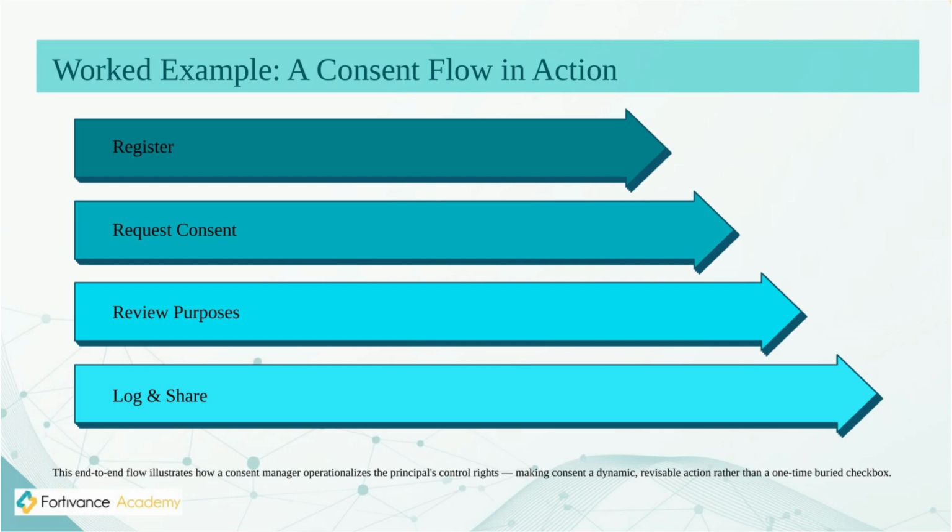Meet Priya. She's signing up for a new investment app called Wealthwise. Now, instead of Wealthwise managing her consent in isolation, Priya chooses to route it through her consent manager. Let's call it Consent Hub. Here's how it unfolds. Wealthwise needs Priya's consent to access certain financial data. It sends a structured consent request through to Consent Hub.